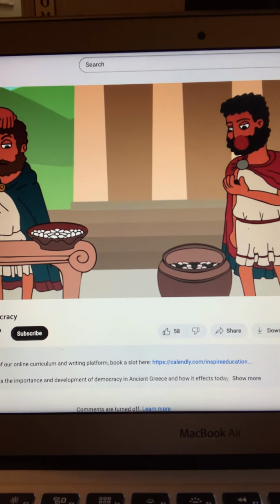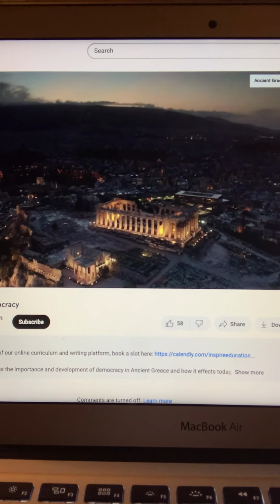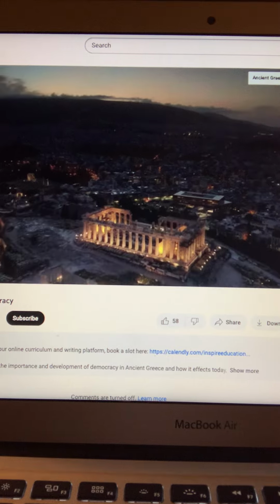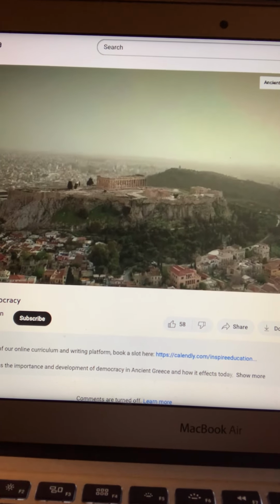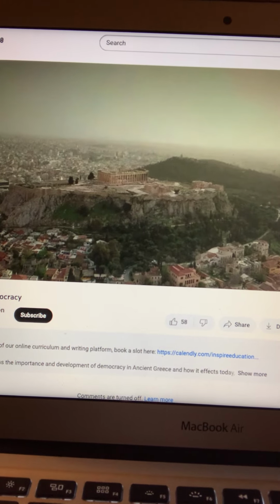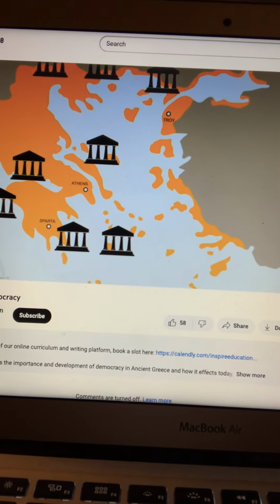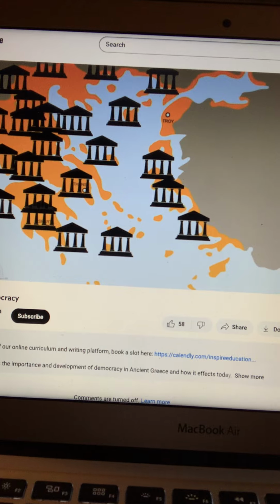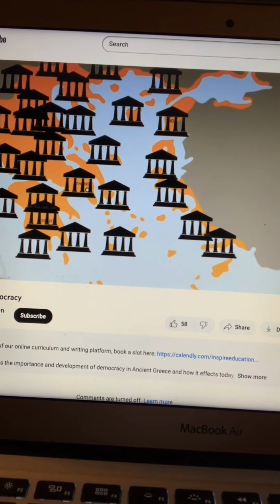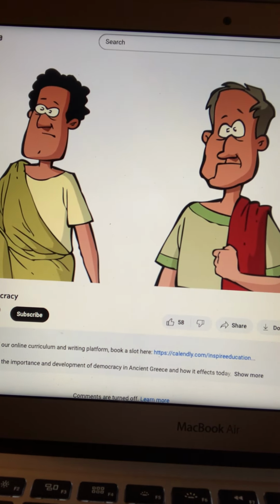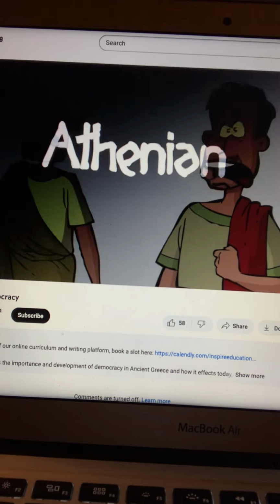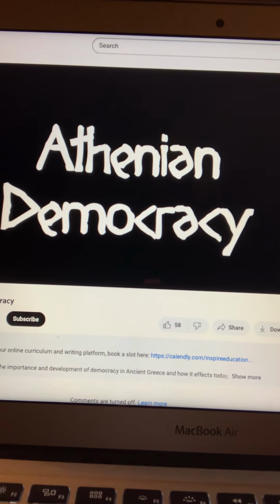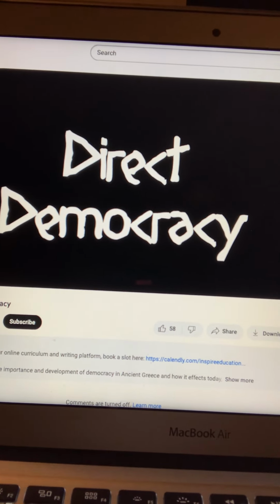Athens was one of the most influential and powerful city-states, so it's not surprising that more than 50 other Greek city-states followed their lead and also attempted to set up democratic governments, some more successfully than others. Athenian democracy is an example of direct democracy.